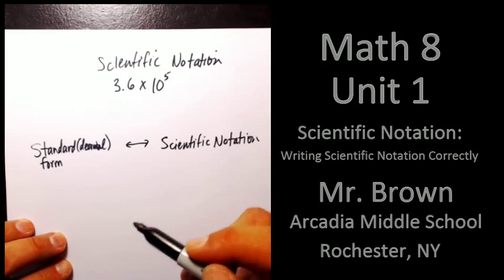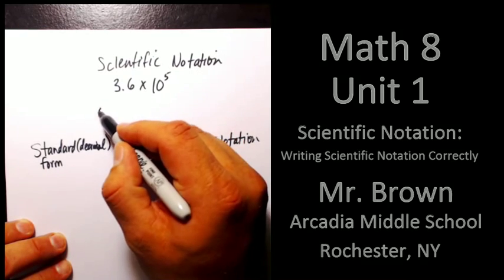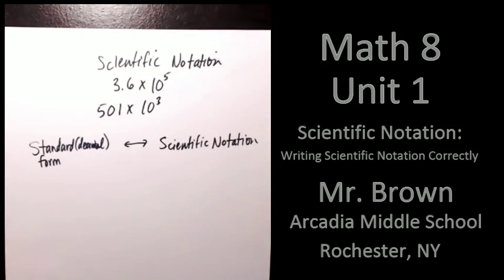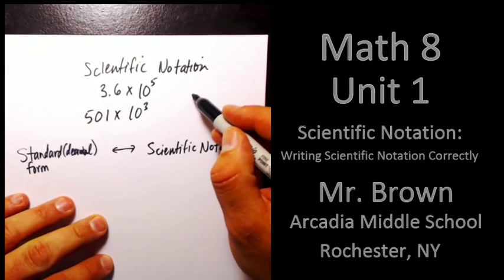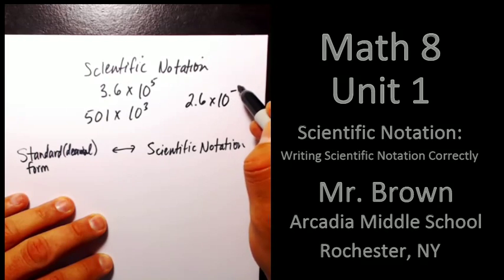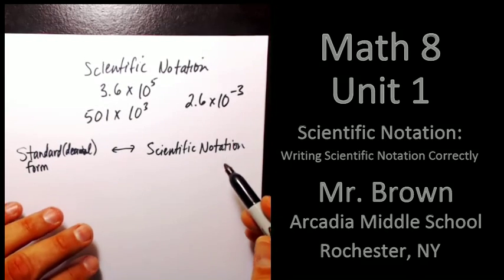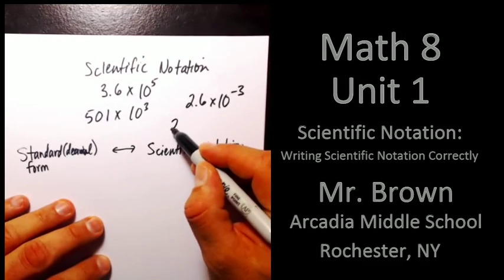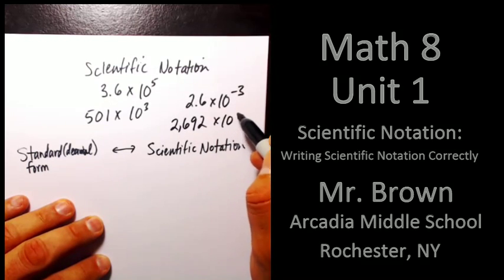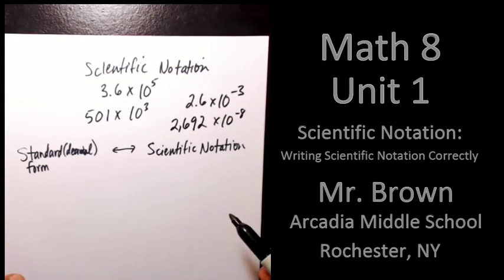So right here, this is scientific notation. This also, 501 times 10 to the third power, is scientific notation. 2.6 times 10 to the negative third power, that's scientific notation. 2,692 times 10 to the negative eighth power is also scientific notation.